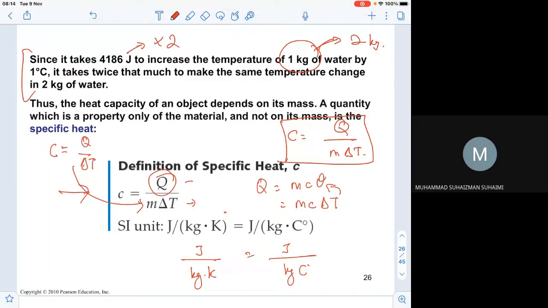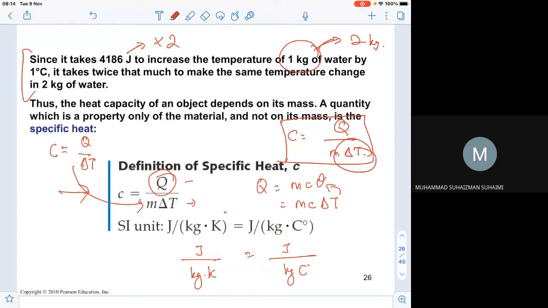Again, I want to highlight that regardless of the scale, either Celsius or Kelvin, not Fahrenheit, you need to know the difference between the temperature values, that means temperature final minus temperature initial.